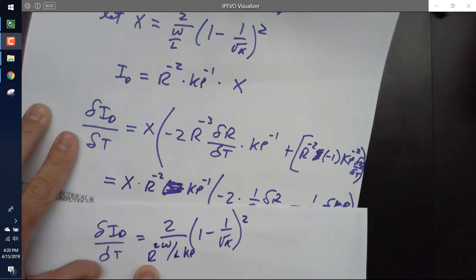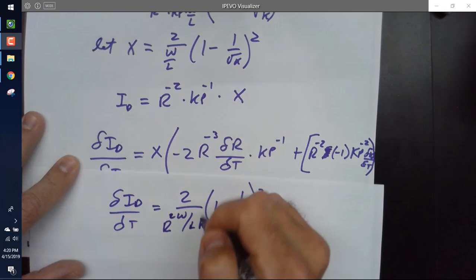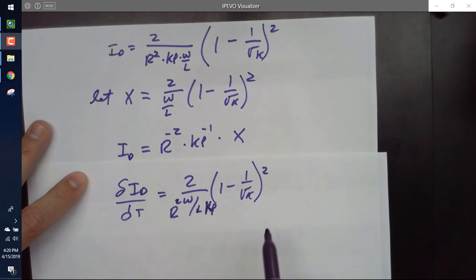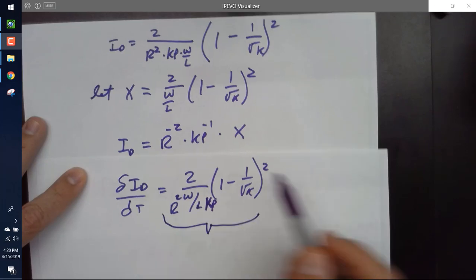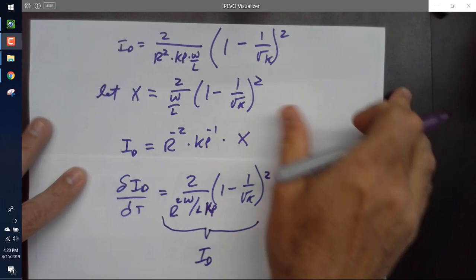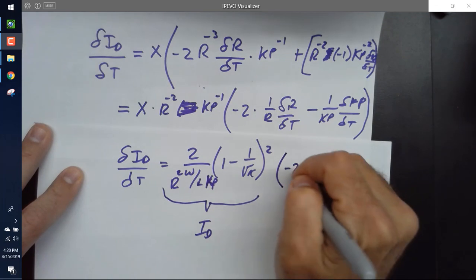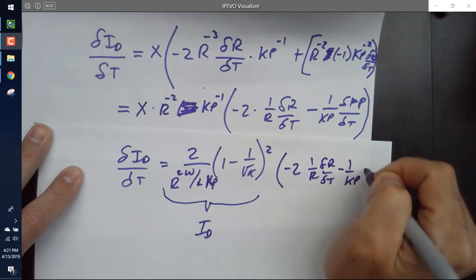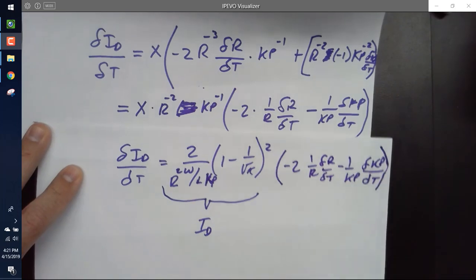I pulled the 1 over r down into the denominator. And what is 2 over r squared w over L times kp, times 1 minus 1 over the root? What is this right here? Yeah, it's ID. Continuing, that's times minus 2 times 1 over r del t minus 1 over kp del t. Anybody agree with that?